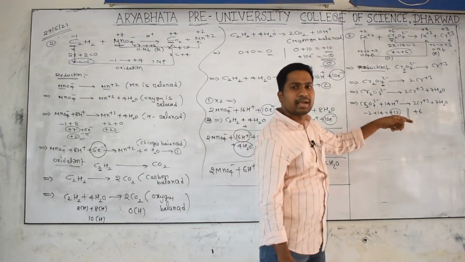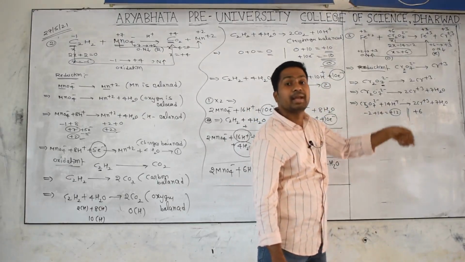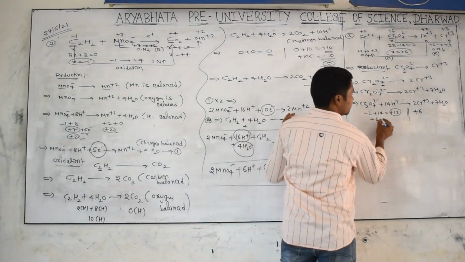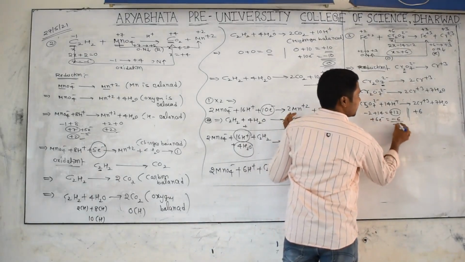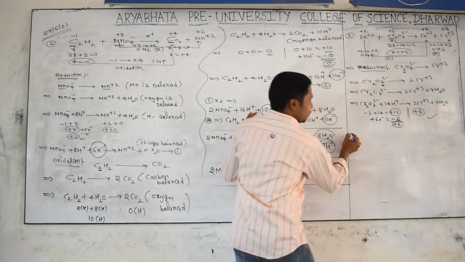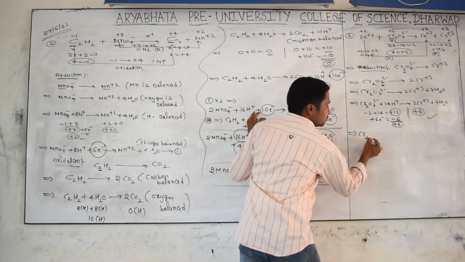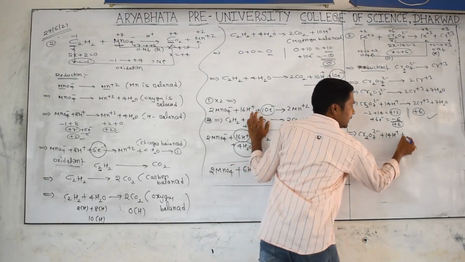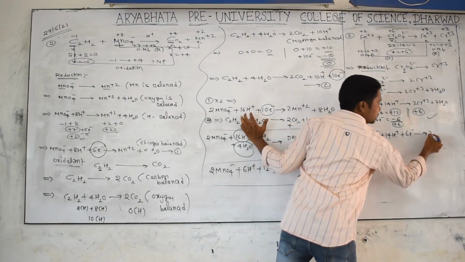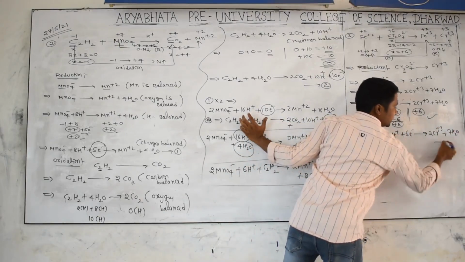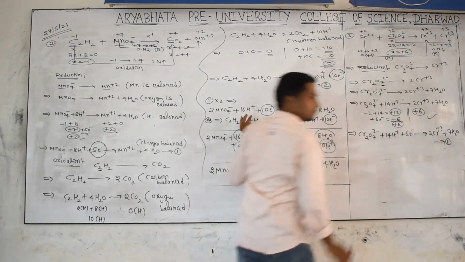By adding electrons, every electron being -1, we should add 6 electrons. 6 electrons means -6, then plus 6 and plus 6 are balanced. That's why we get Cr2O7 2 minus plus 14H plus plus 6 electrons gives rise to 2Cr plus 3 plus 7H2O, equation number 1.